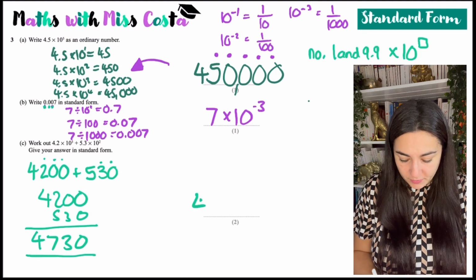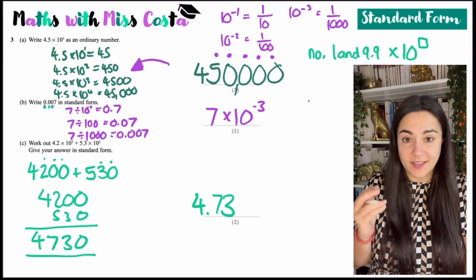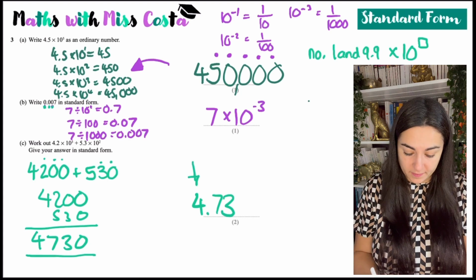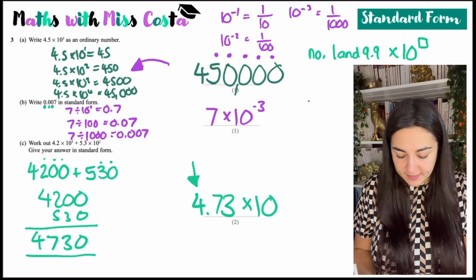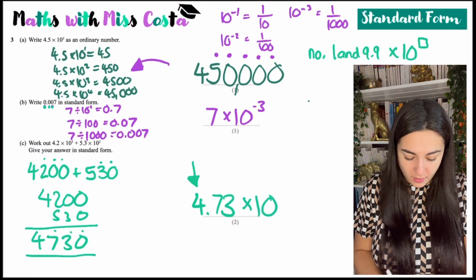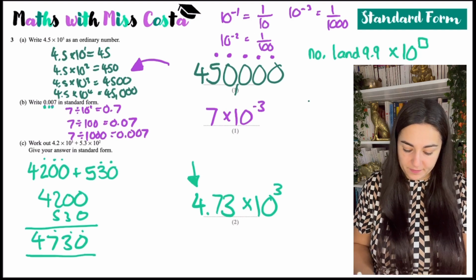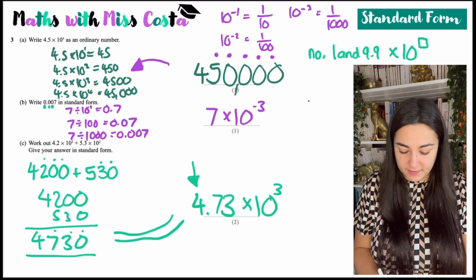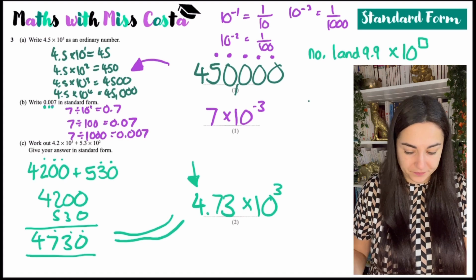So I'm going to write that as 4.73. Okay, I've just turned it into a single digit before the decimal place. And then I need to multiply that by 10 to the power of 1, 2, 3. I need to multiply that by 1,000 because that is equivalent. Yeah, 4,730 is 4.73 times 10 cubed.